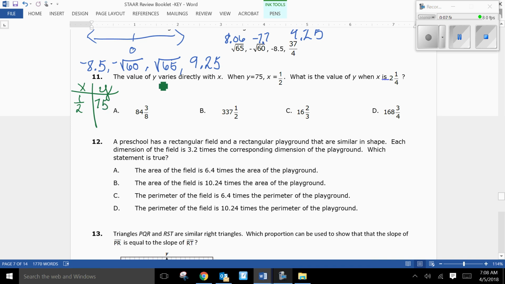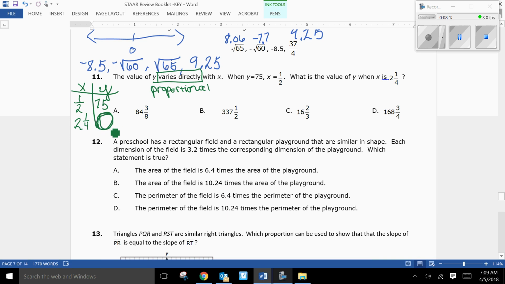And I know this is varies directly, so that's another way to say proportional, meaning I'm only multiplying to get from my x to my y. Then I want to know what it is when it's 2 1/4.